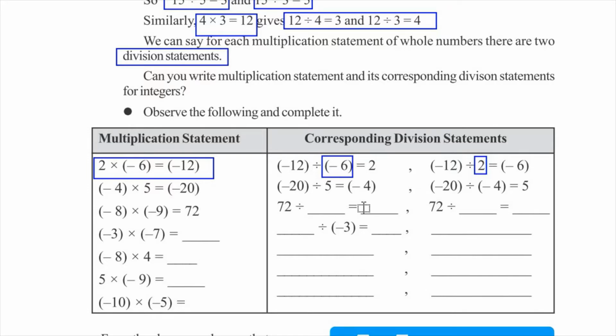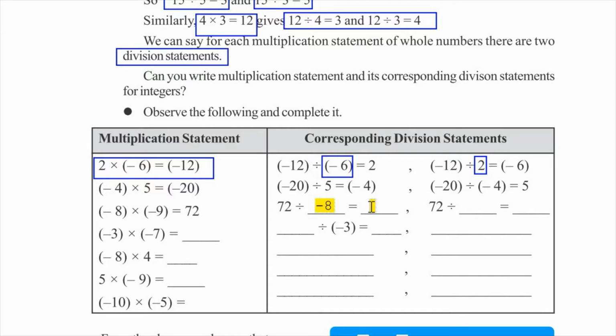I'll just complete one of these so that you can complete the rest of them. Here we have minus 8 into minus 9 is equal to 72. Therefore, we can write it as 72 divided by, you can either take minus 8 or minus 9 first. Let us take minus 8 first.